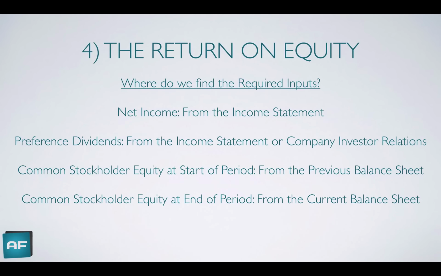Some financial websites put it in the income statement, but you can always find it in the company investor relations section and company announcements. Common stockholder equity at the start of the period is from the previous balance sheet, and common stockholder equity at the end of the period is from the current balance sheet, and that's similar to the assets inputs from the previous ratio.